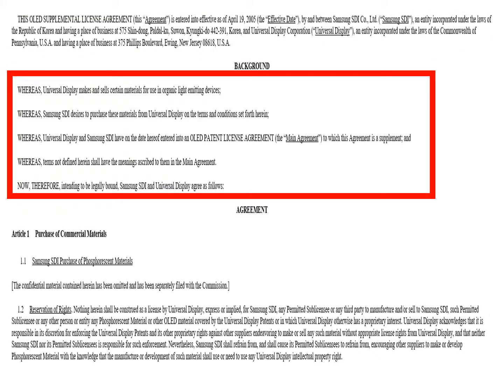We have the whereas clauses, this time setting up this supplemental contract, whereas Universal Display makes and sells certain materials for use in OLEDs, whereas Samsung wants to purchase these materials from Universal Display, whereas the companies have on this date entered into the main agreement that we just looked at, whereas terms not defined herein shall have the meanings ascribed to them in the main agreement, now, therefore, intending to be legally bound.